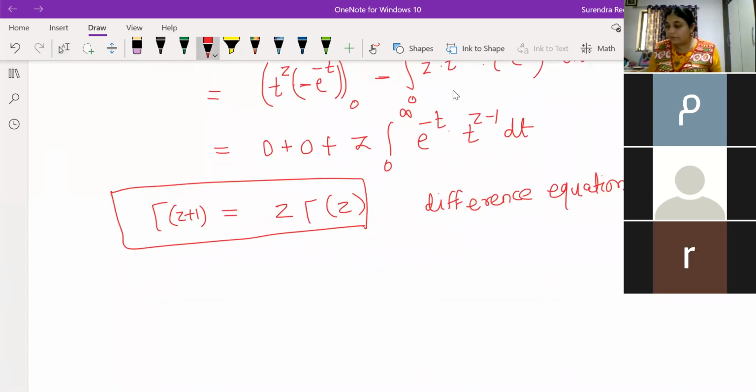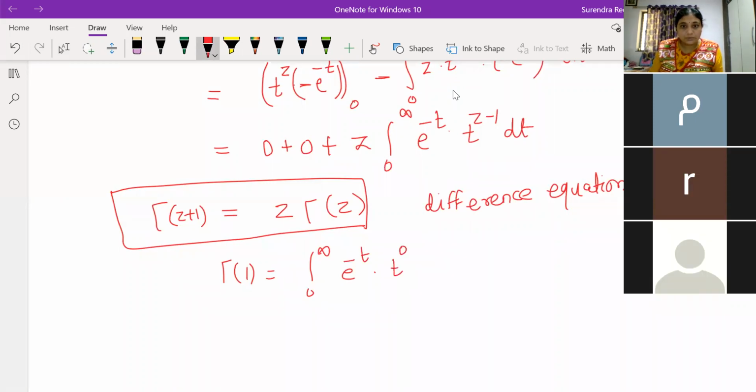What is my gamma 1? Gamma 1 is the integration from 0 to infinity of e raised to minus t, t raised to 1 minus 1 which is t raised to 0, dt. What is this?